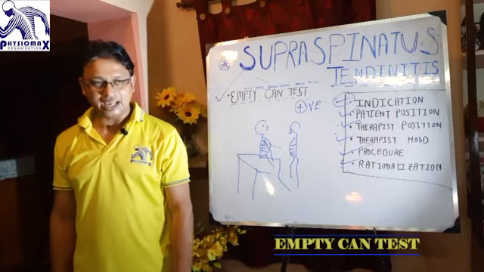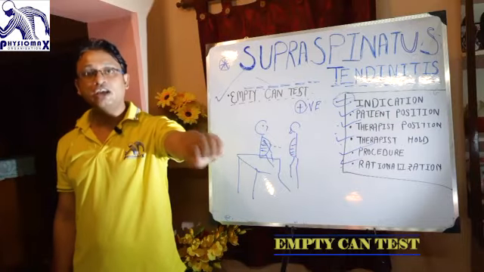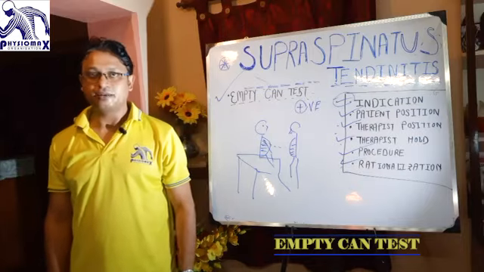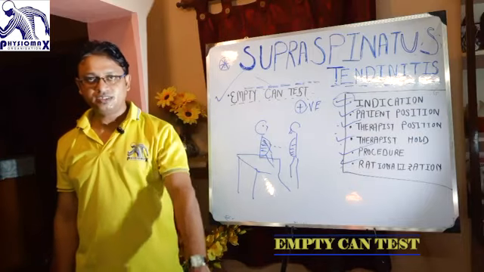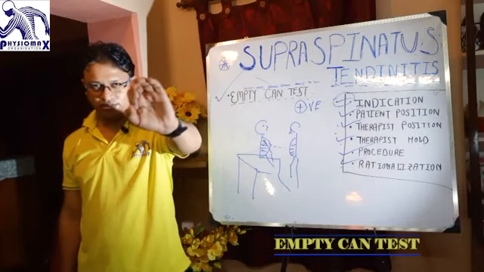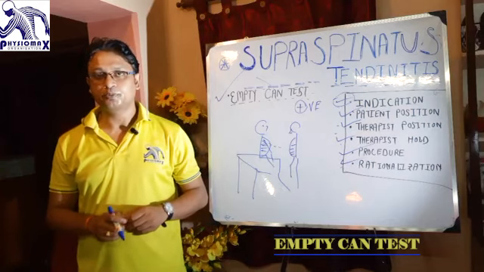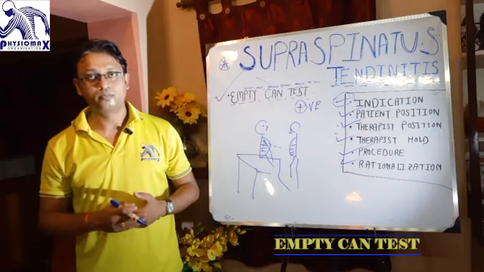But if I move my hand in a horizontally abducted position in a scapular plane motion like this, there is a very minimal amount of subacromial space.